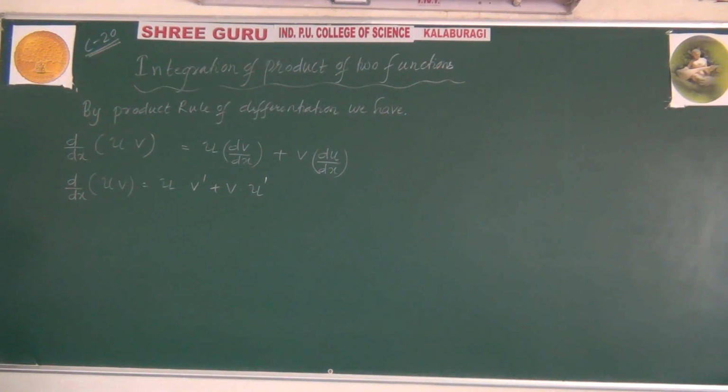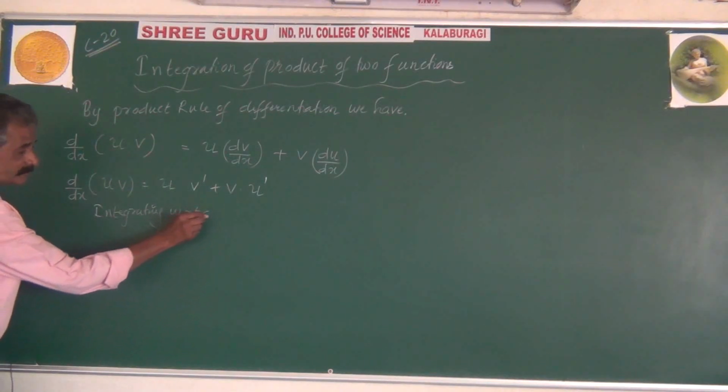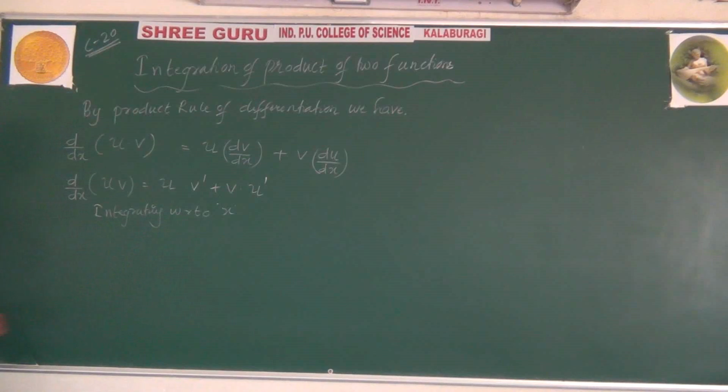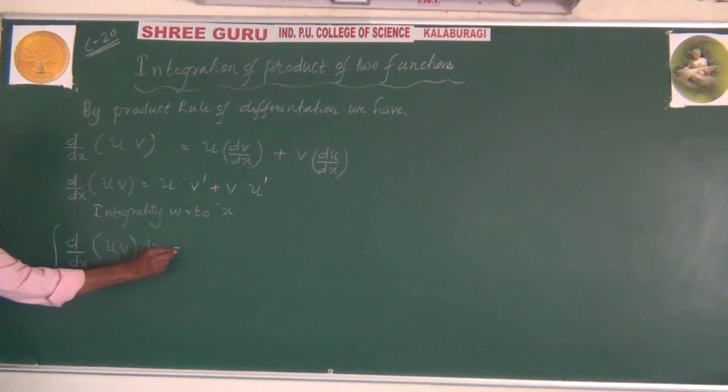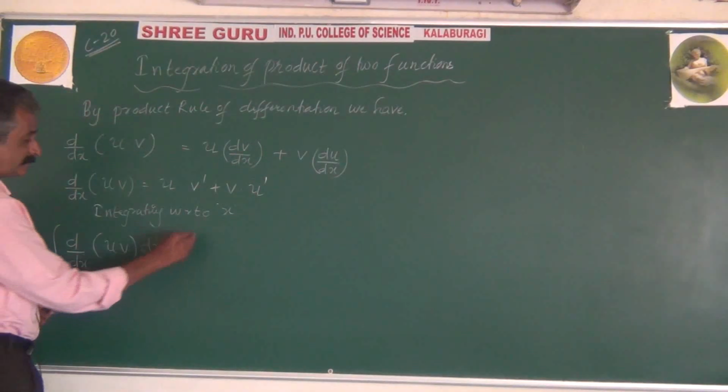Next step, we integrate on both sides with respect to x. On integrating both sides with respect to x, left side, integration of d by dx of u into v dx, equals right side. Because of sum of two terms, we will have sum of two integrations.